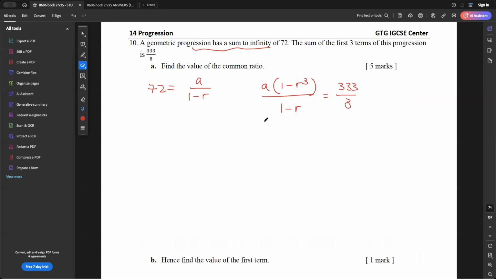Oh, wait, I kind of remember this question already. I think if you continue doing this method, you won't be able to solve. You try and see. A equals to 72 bracket 1 minus R.